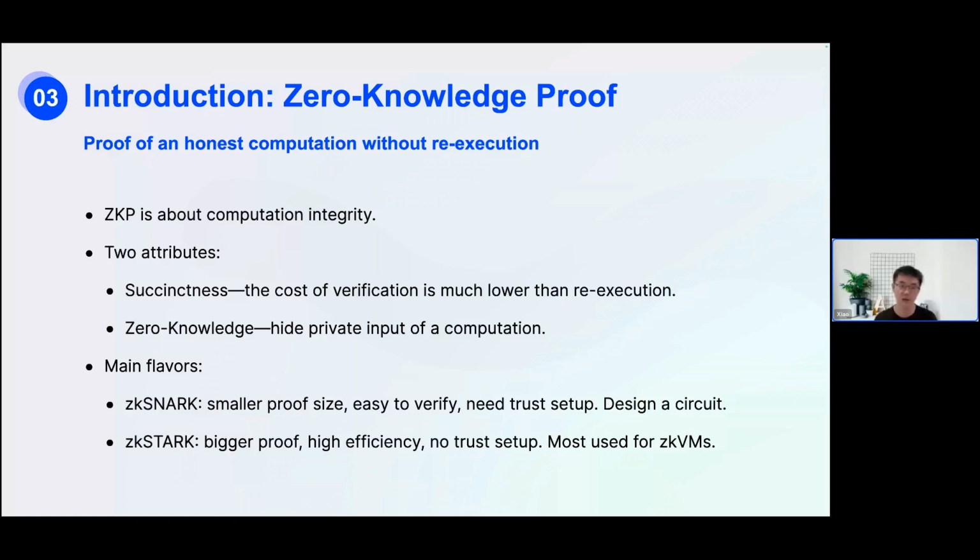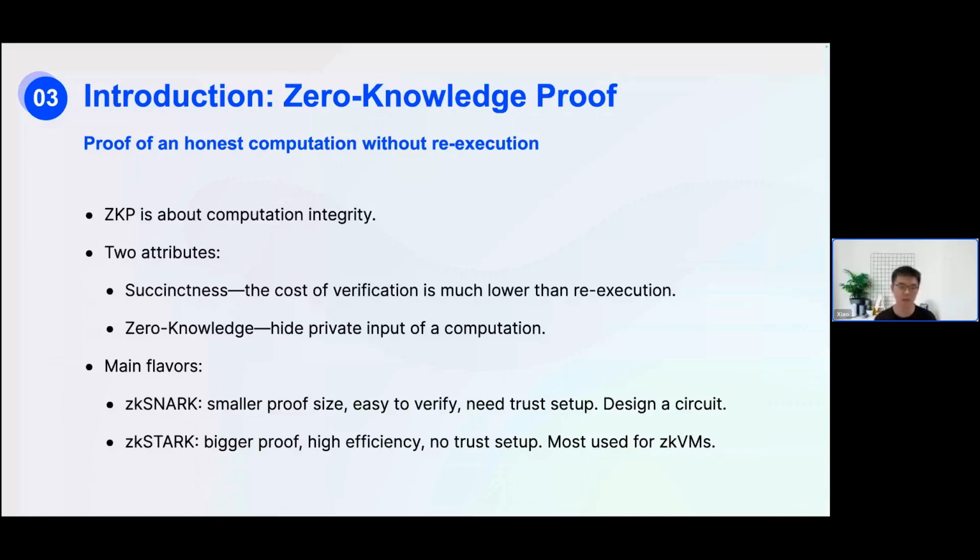There are two main attributes of zero-knowledge proof. We call them succinctness and zero-knowledge. Succinctness basically means we can verify a computation at a much lower cost in terms of resource or time than re-executing it. So I can verify if the computation that took place on other people's computers is correct or not without actually repeating the computation. This is the first feature provided by zero-knowledge proof, called succinctness.